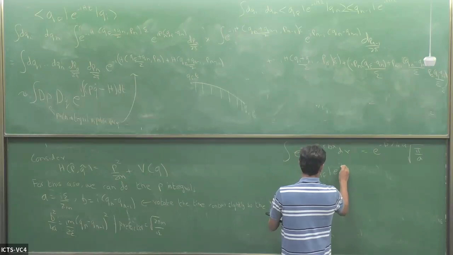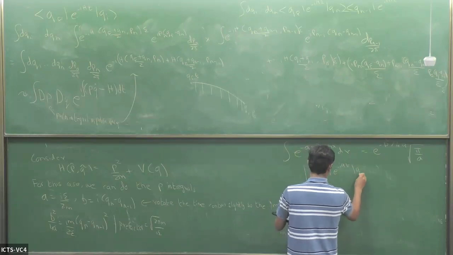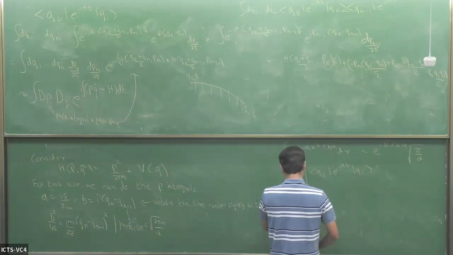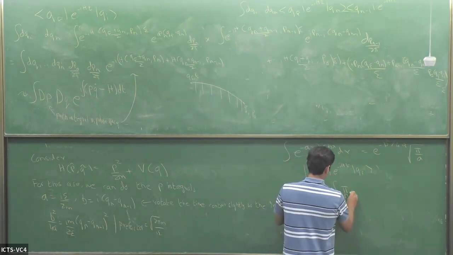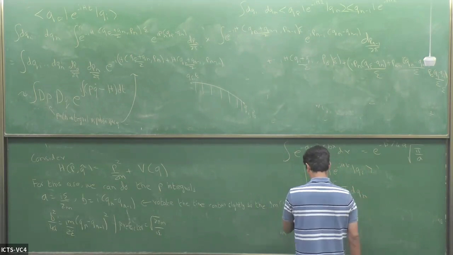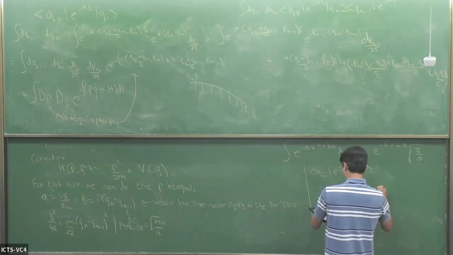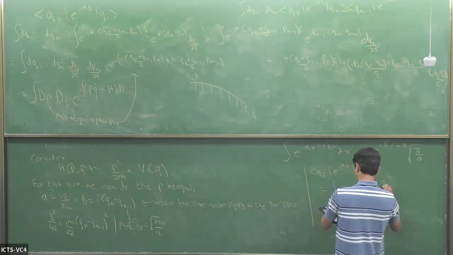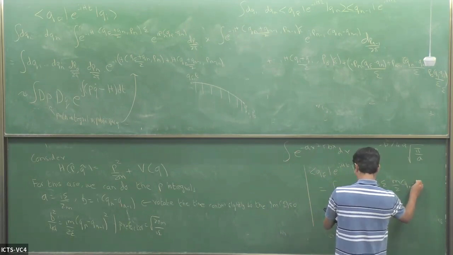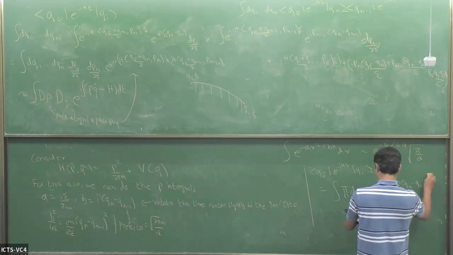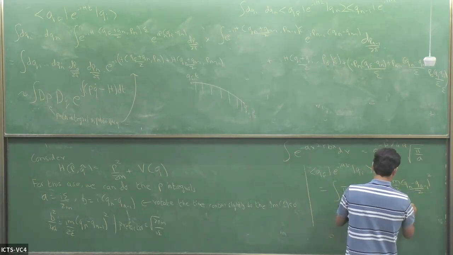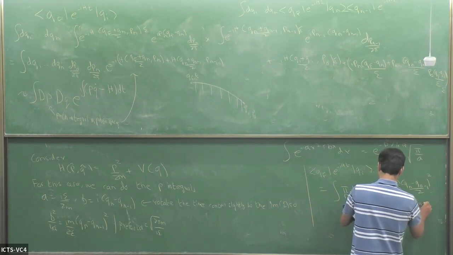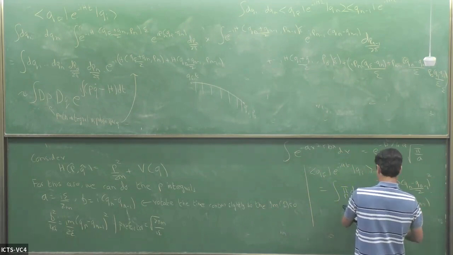So with this expression, what we get is just that qf e to the minus iHt qi looks like now an integral over product of n dqn, okay, into e to the i epsilon m by 2 into qn minus qn minus 1 squared by epsilon squared, minus V of qn plus qn minus 1 by 2.